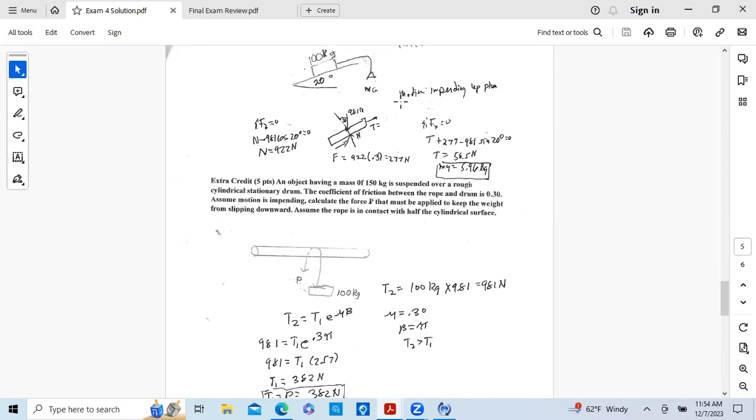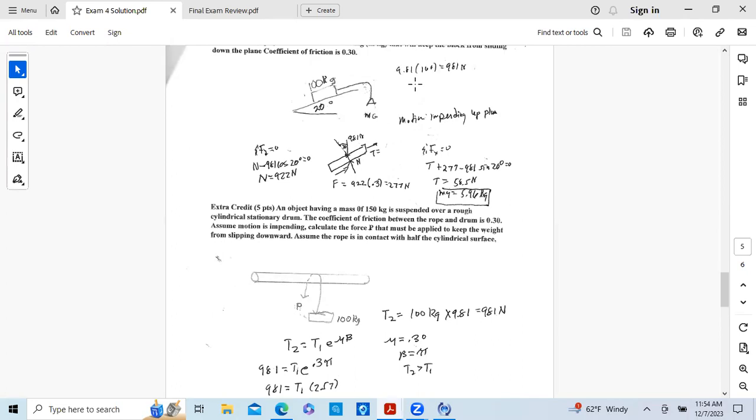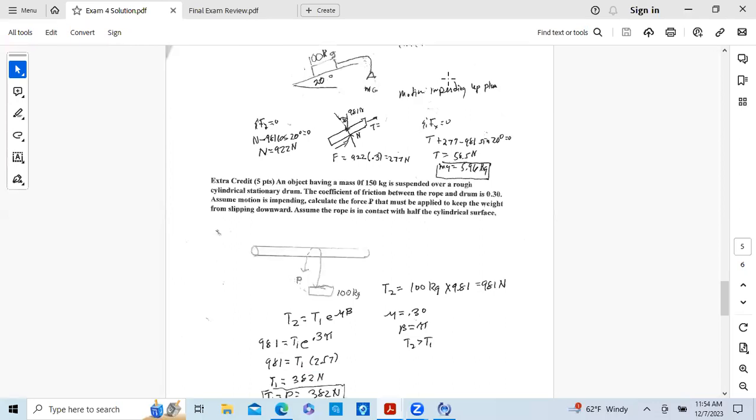So I did 9.81 times 100, and I got, of course, 981 newtons. So this weighs 981 newtons, and it's at an angle of 20 degrees. So this is 20 degrees here. If this is 20, this is 20 here.